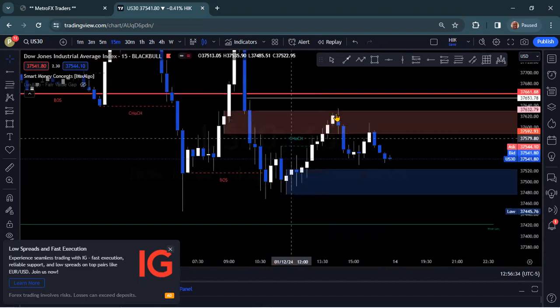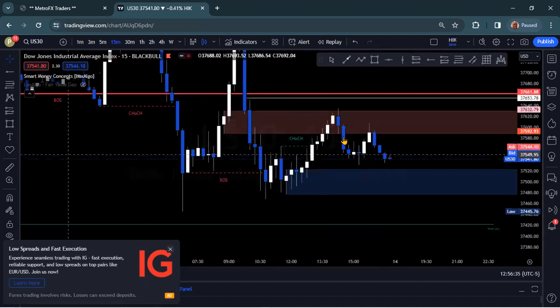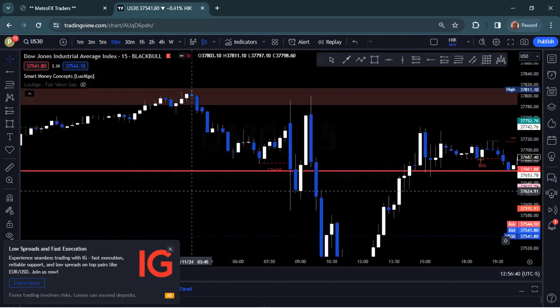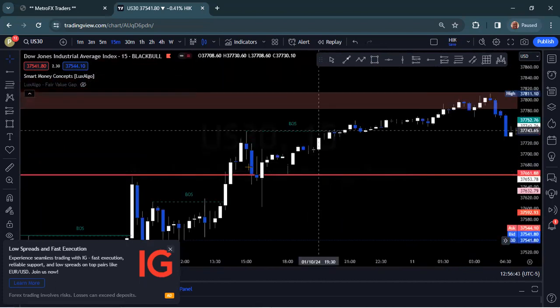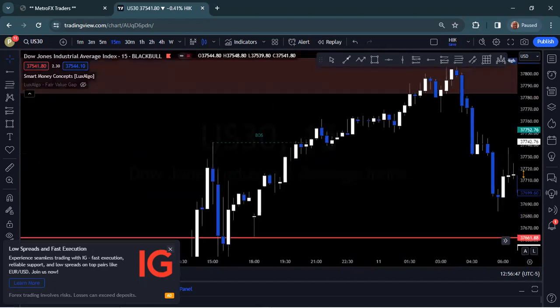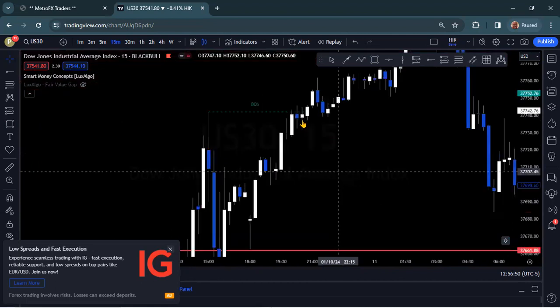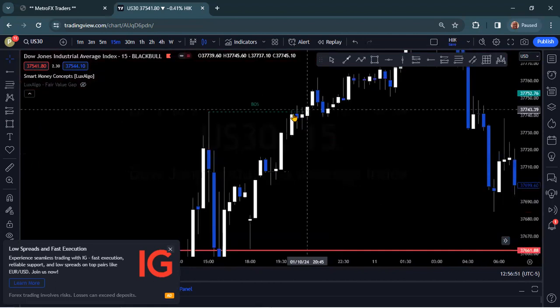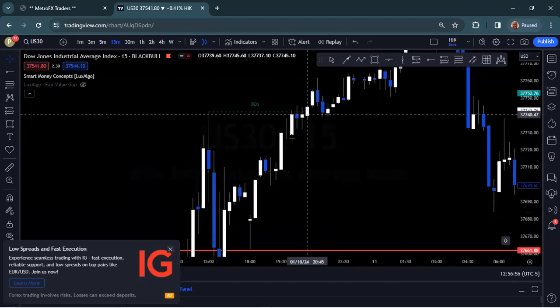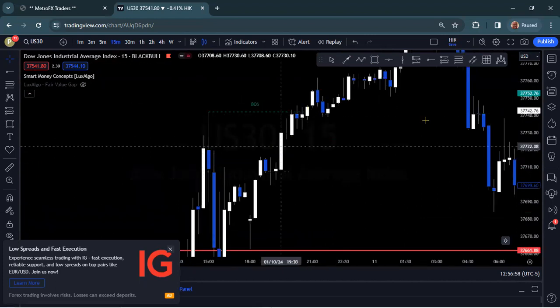Change of character. Break of structure. Okay. And again, a break of structure is basically when the candle on the right is bigger than the candle on the left, which is a higher high. Okay. A higher high.